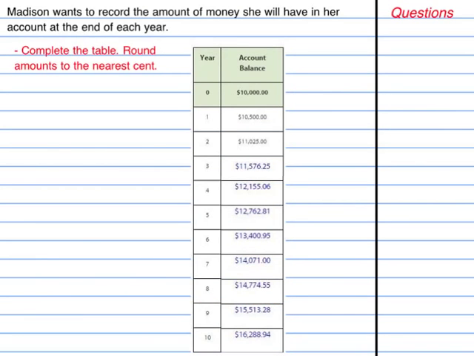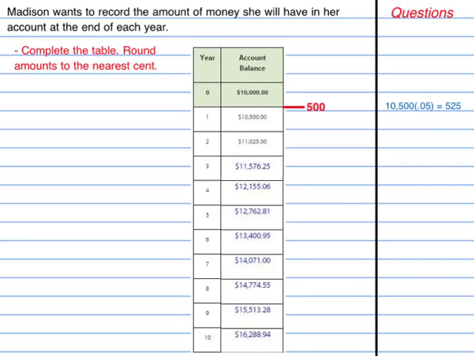So Madison wants to record the amount of money she will have in her account at the end of each year. So we're going to complete the table and round amounts to the nearest cent. Keep in mind she earned $500 in interest, and we got that by multiplying $10,000 by 5%.